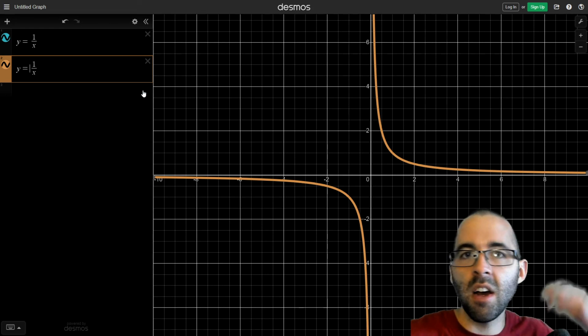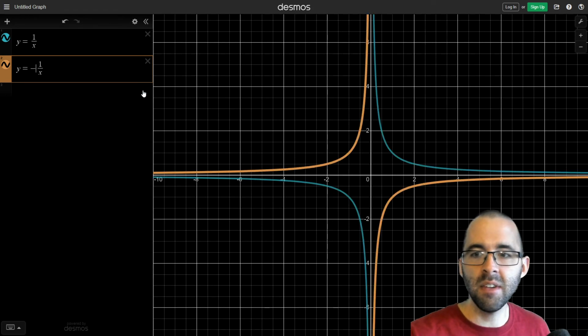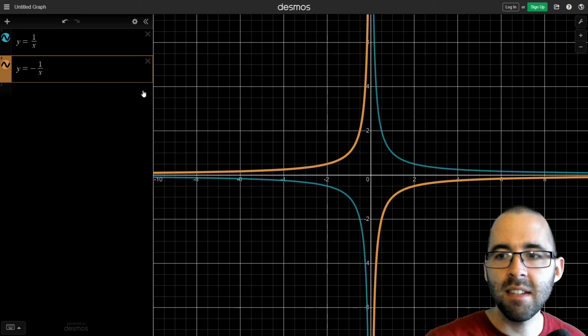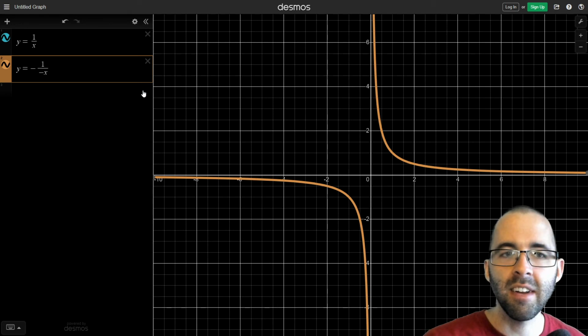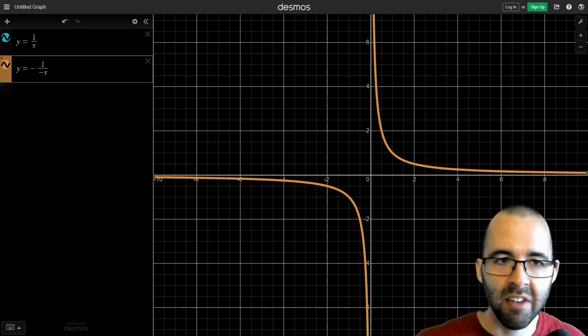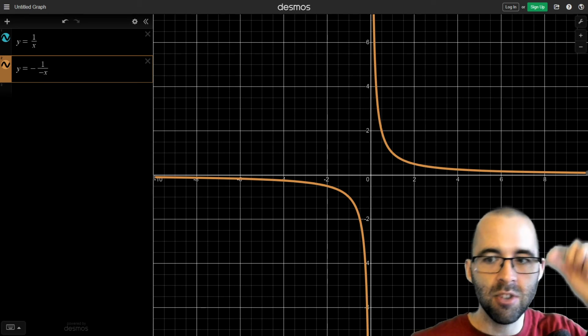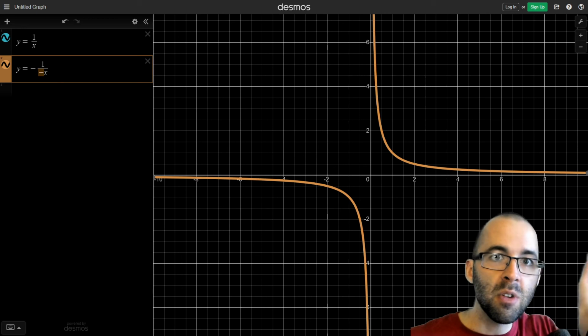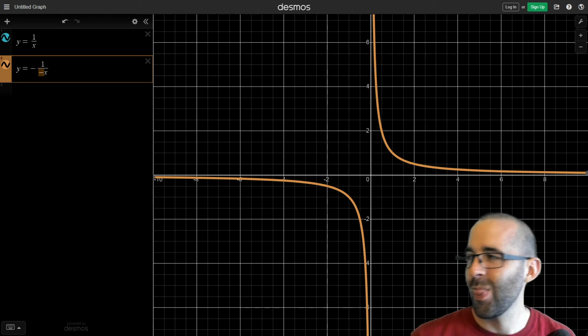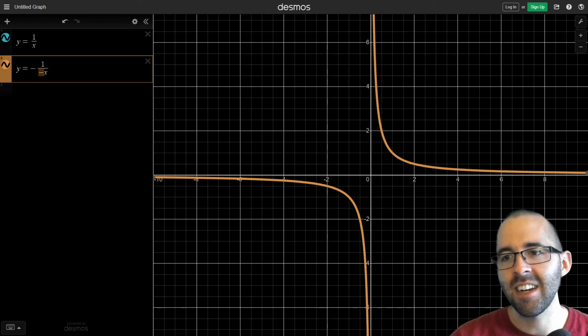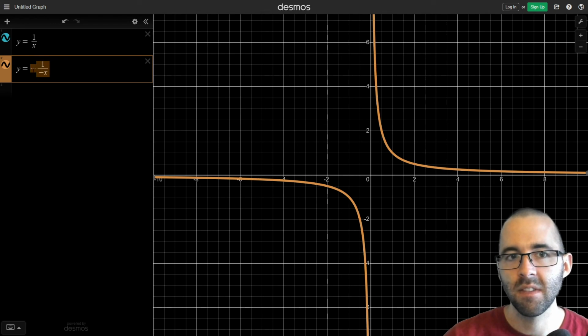If I reflect it about the x-axis, upside down, and then reflect it around the y-axis, left to right, we are back to where we started. And again, this negative on the outside is a vertical reflection, reflecting about the x-axis. The negative on the inside is a horizontal reflection, reflecting around the y-axis. I'm hitting myself in the face. Okay? So that's the idea of an odd function.